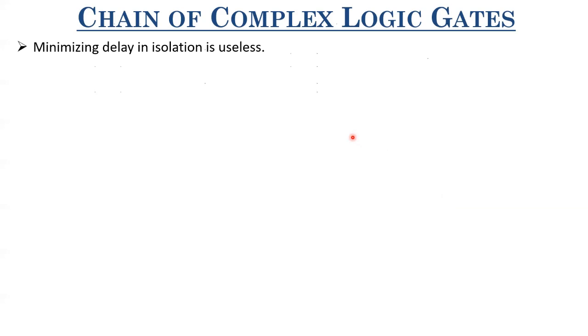We have to look at this chain of logic gates instead of looking at these devices in isolation and assuming that the load capacitance is dominated by the extrinsic capacitance. There can be some exceptions as well. It can be dominated by the internal capacitance as well, because in a chain the intrinsic capacitance is not necessarily lower as compared to the load capacitance.